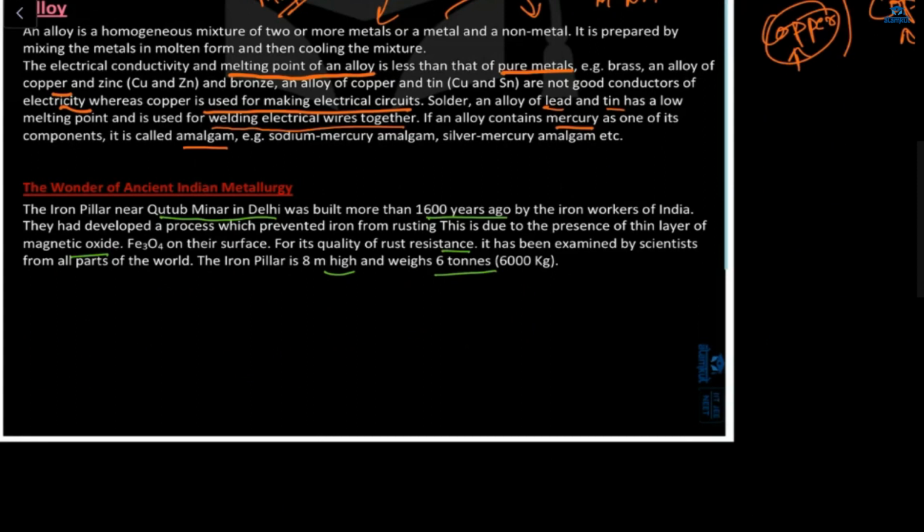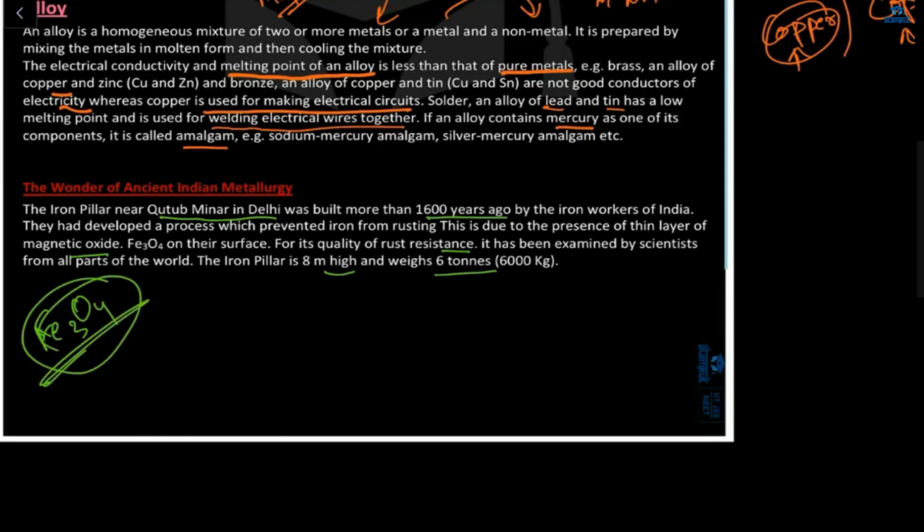Now, have you seen Qutub Minar in Delhi? Qutub Minar in Delhi is an iron pillar. So iron rusts, है ना? But why is this pillar not rusting? Because the iron workers made a coating of a thin layer of magnetic oxide, which is Fe3O4.